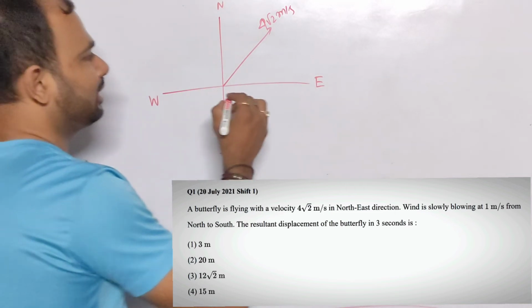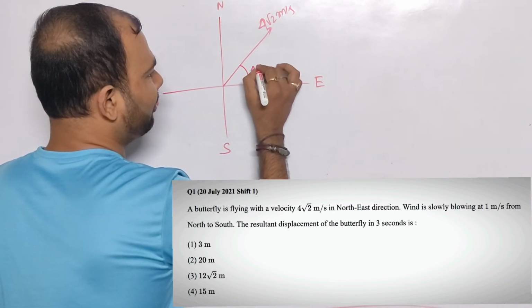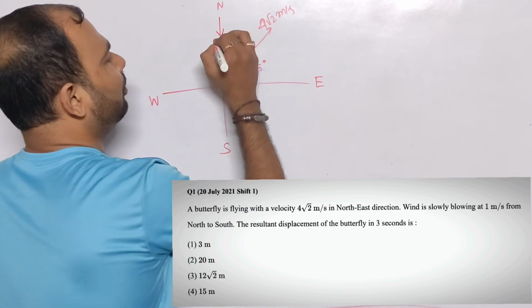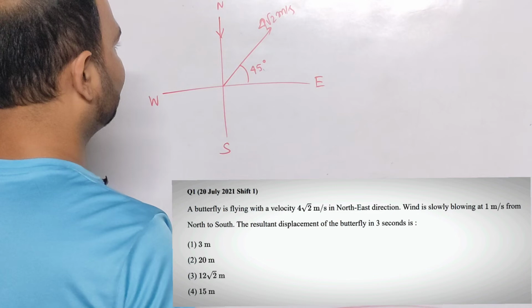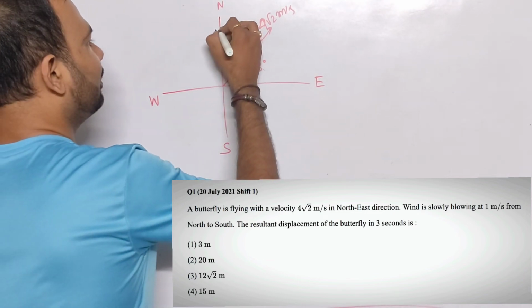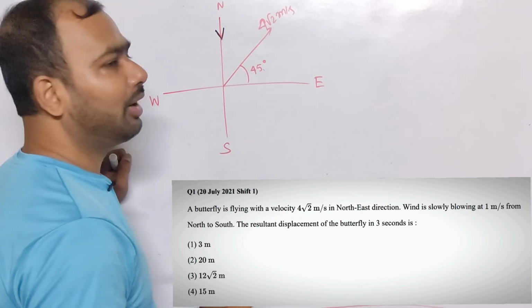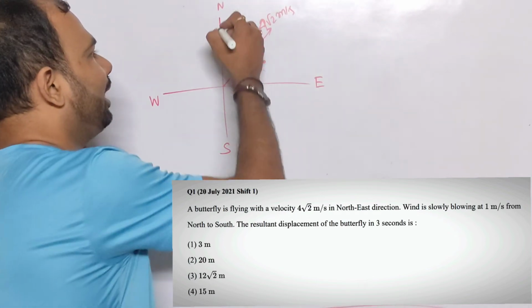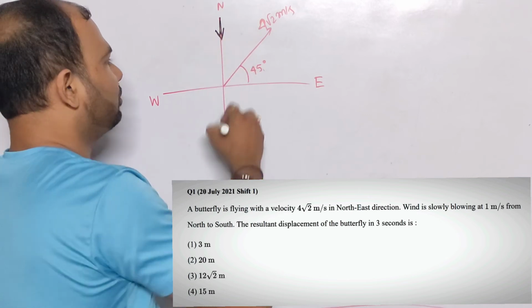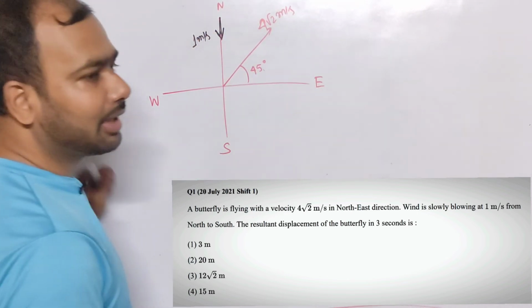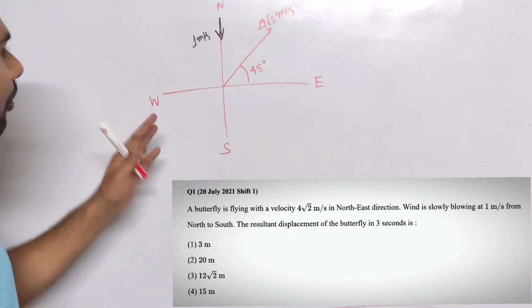Northeast implies the angle will be 45 degree. This velocity is considered when wind is not flowing. If wind starts flowing from north to south with a velocity 1 meter per second, the velocity will be decreased due to the wind.